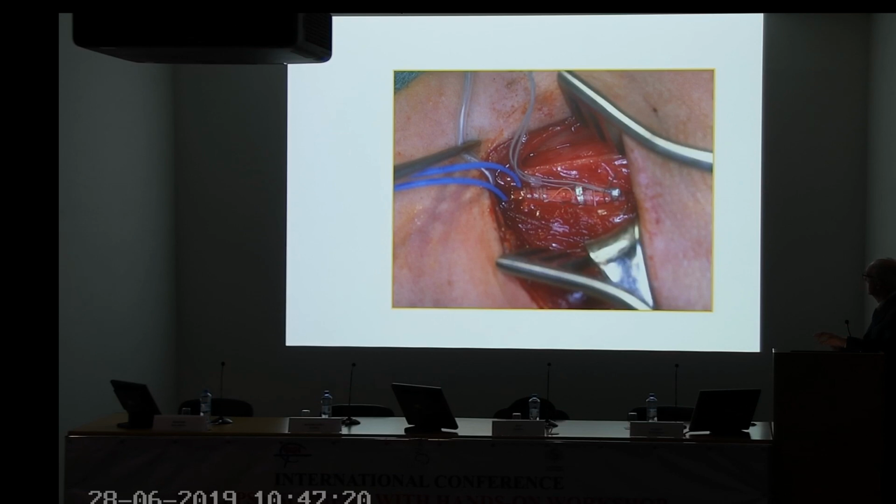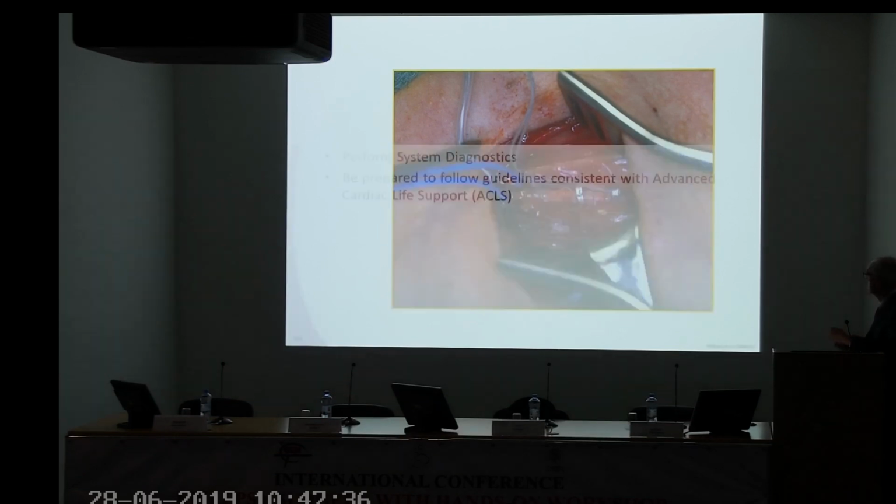And this is how it shows at the end of the coiling around the nerve. This is the sternocleidomastoid muscle. These are the electrodes. These are the coils. This is the electrode that has to be secured to the muscle in order not to move it.